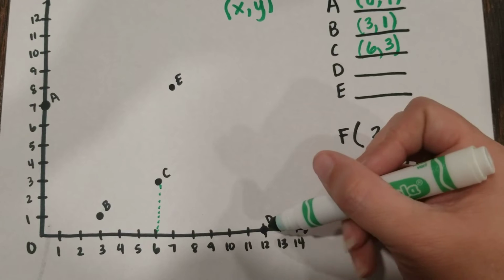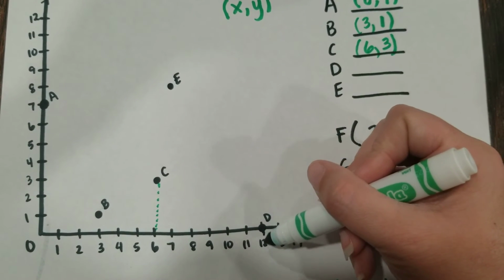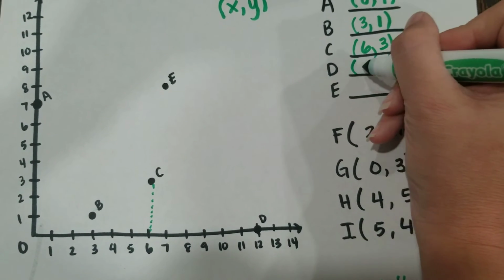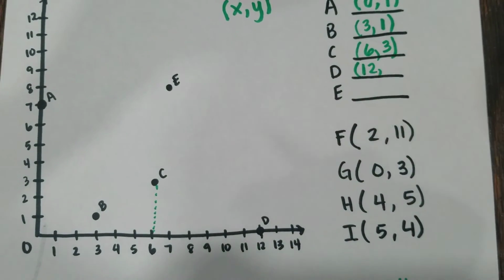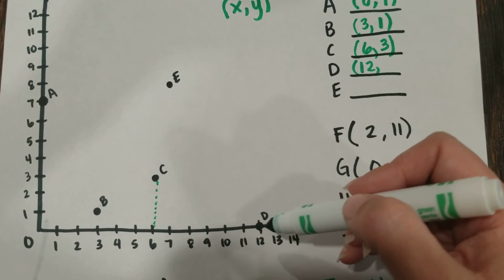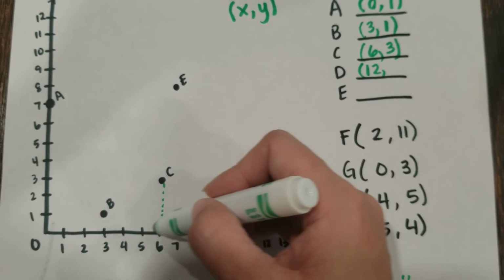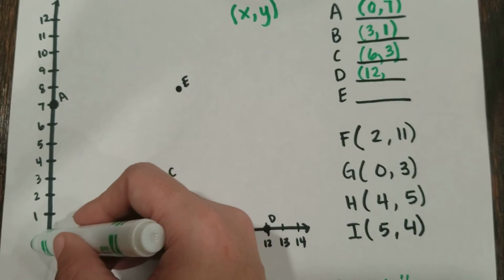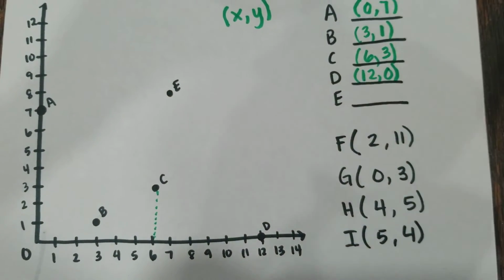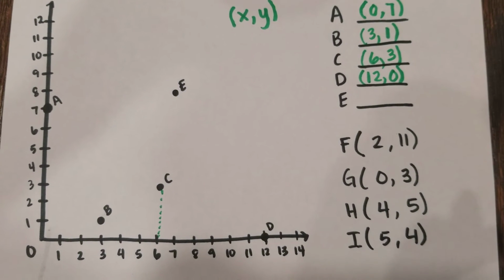I'm going to look down first and see what my X coordinate is. It's 12. So 12 is my X coordinate. And then my Y coordinate, it's on the X-axis. So if I look way across over here for the Y coordinate, I'm at 0, right? So 12, 0 is my ordered pair for point D.